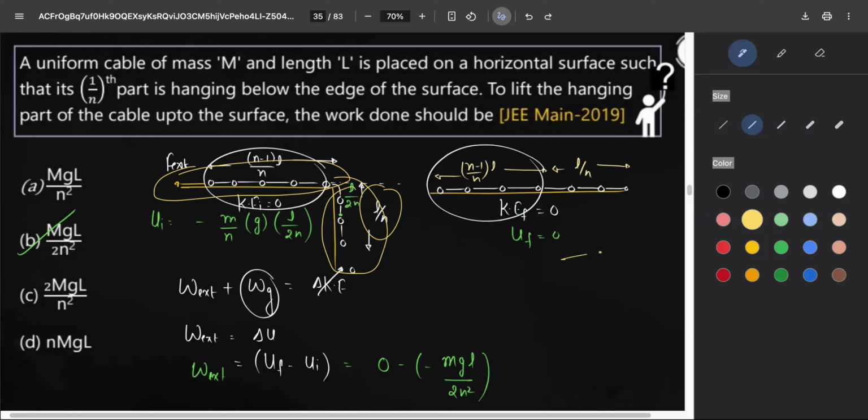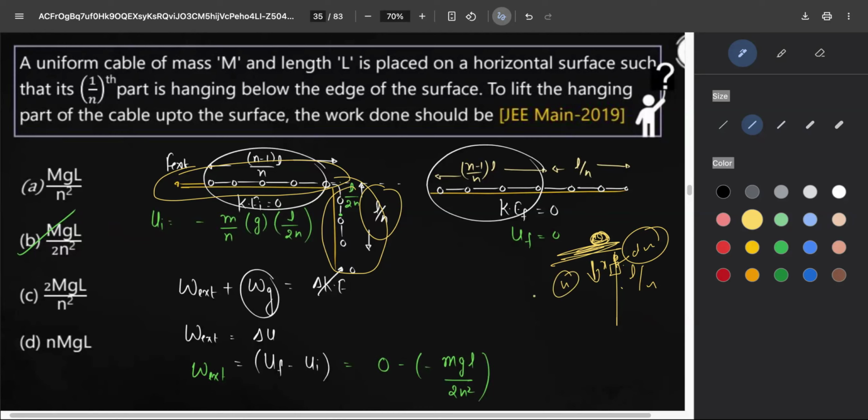You know the total length hanging is L by N, right? Can I say this? Yes, sir. Okay. So what is the net potential energy? If I go to some distance x, I'll get a small part dx, right? So what is the potential energy of that object? I am at zero distance right now, and I'm going downside with h. So what is the potential energy I'm going to have?